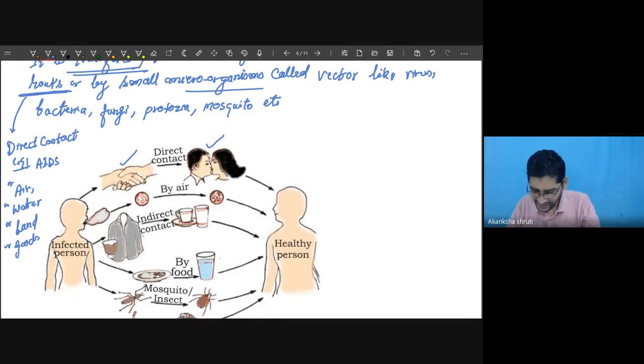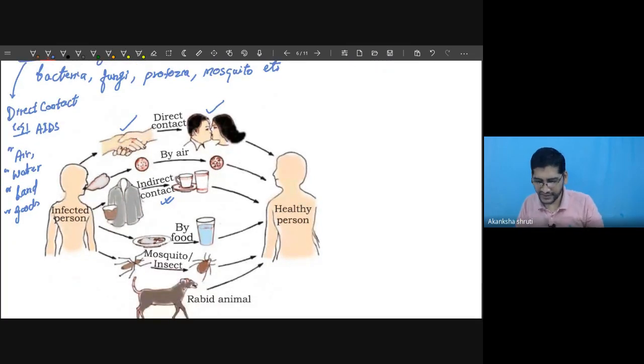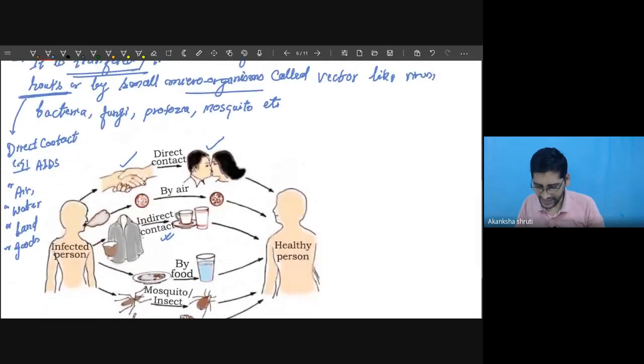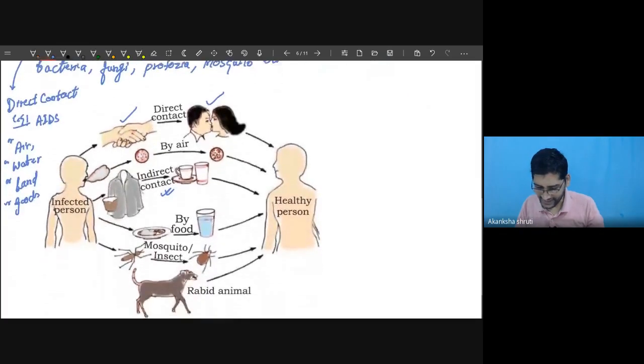Like see here, indirect contact is what? It is used cloth, meaning one person is using, then the other person is using the cloth of the infected person, then the germs of the infected person get transmitted to the healthy person, like during food and all these things. So it can be direct transmission, and these are your indirect transmission.